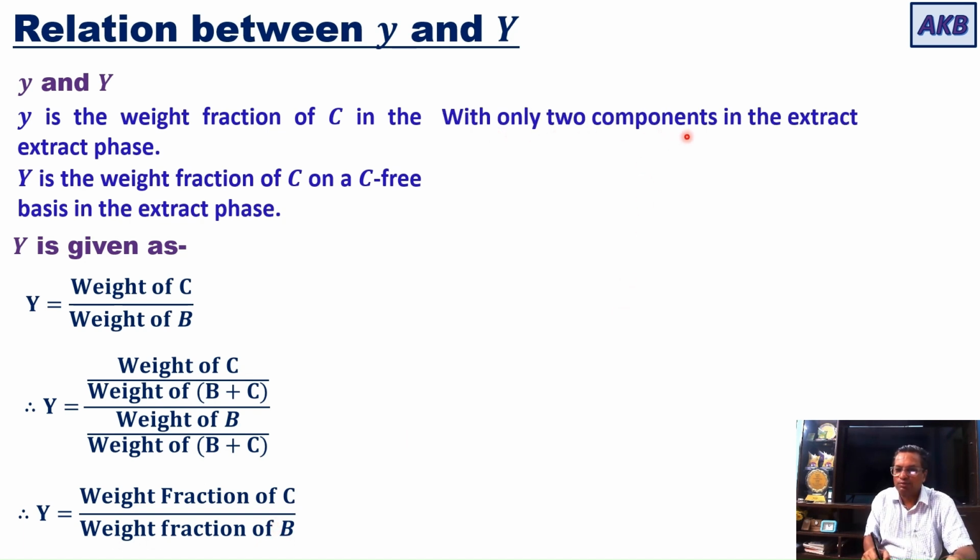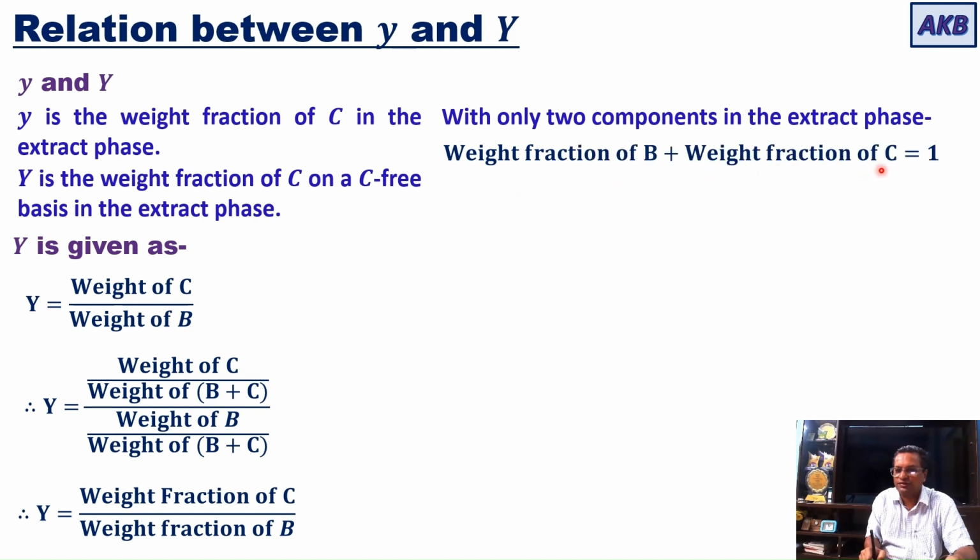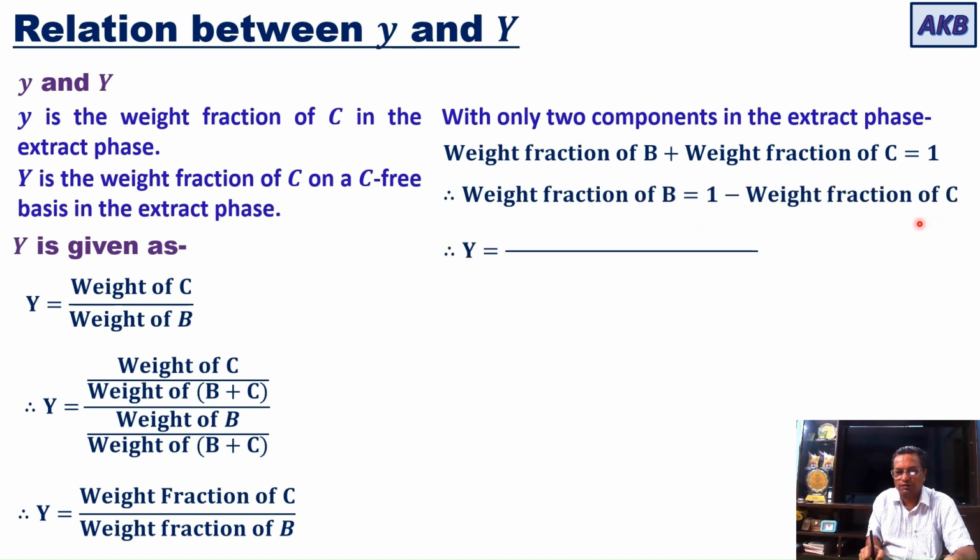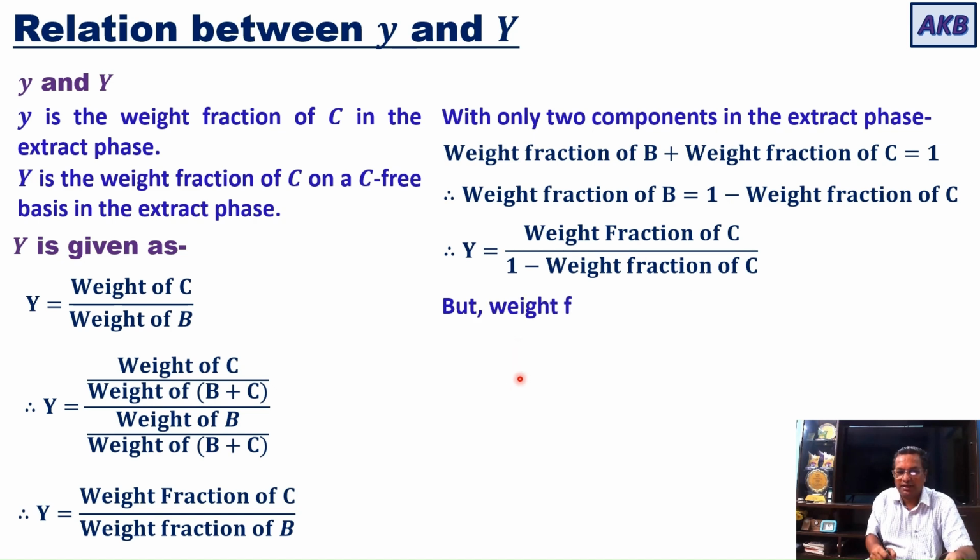As there are only two components in the extract phase, weight fraction of B plus weight fraction of C will be equal to 1. That is, weight fraction of B is equal to 1 minus weight fraction of C. So therefore, Y in this case will be weight fraction of C divided by 1 minus weight fraction of C, in the extract phase.